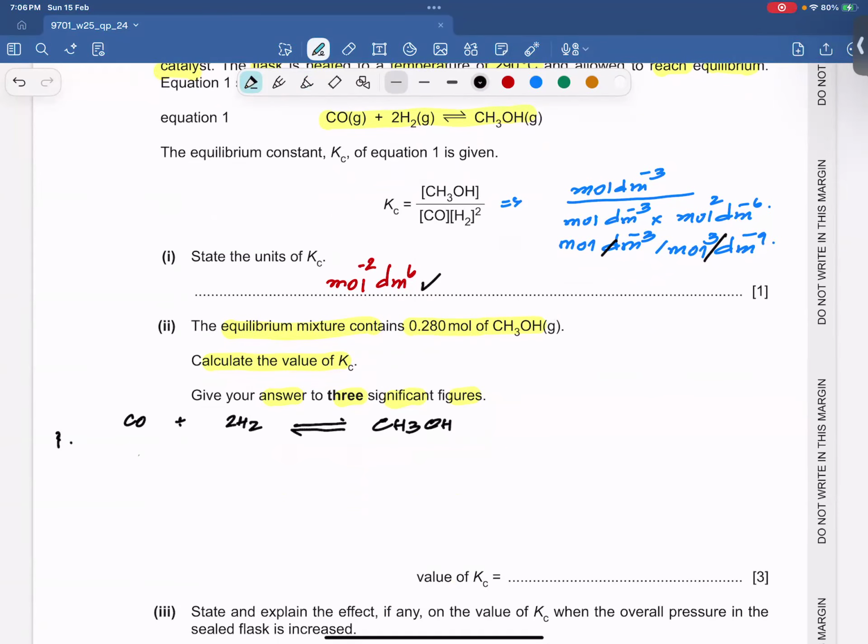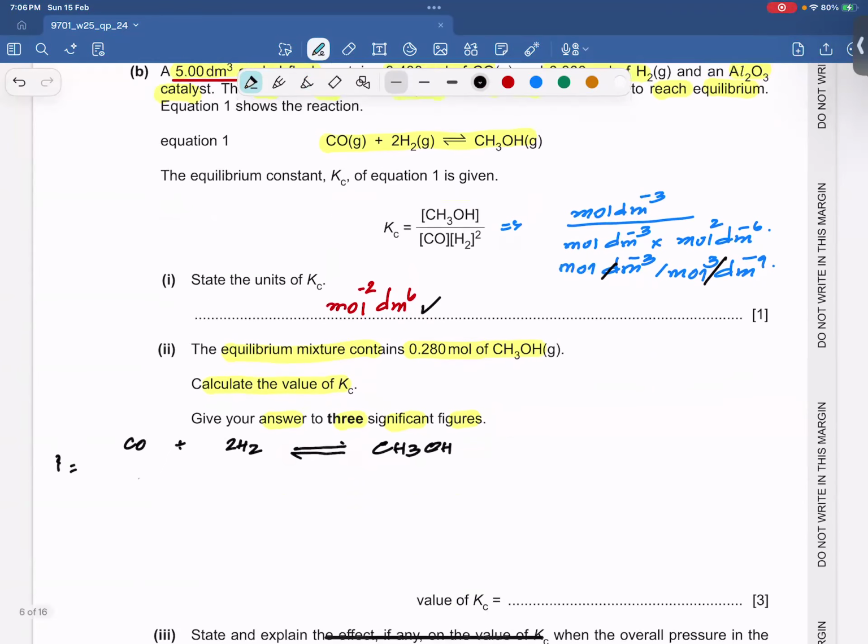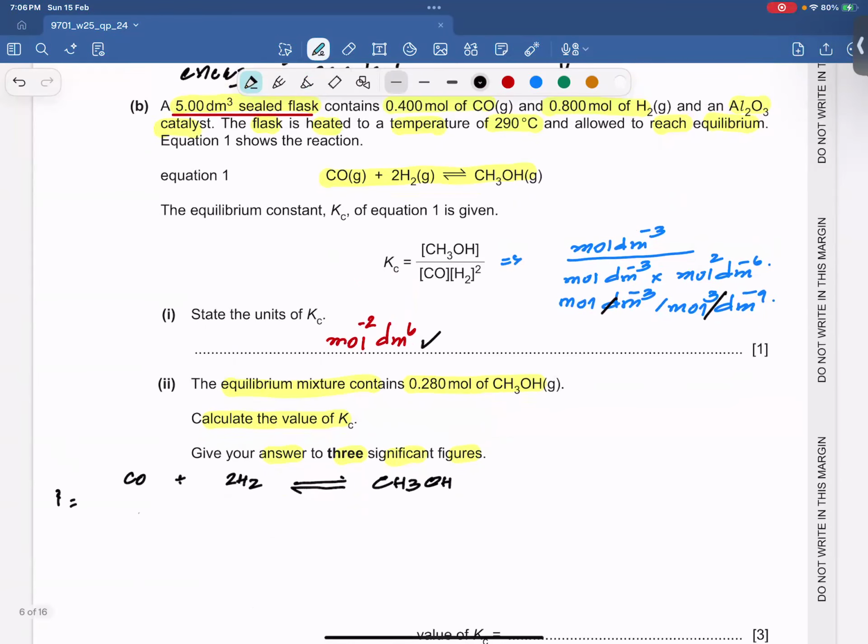So the initial moles of carbon monoxide is given in the question, which is 0.4. The initial moles of hydrogen is given, which is 0.8. Obviously 0, 0. And initially the amount of methanol we need to assume is 0 because the reaction hasn't started yet. So that's the initial amount of moles.